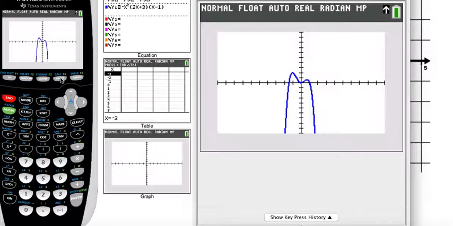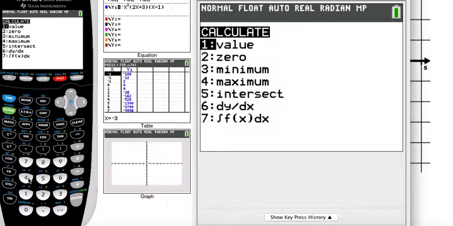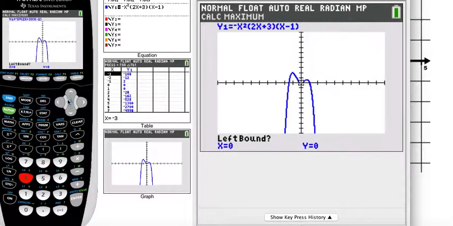So second calc, go down to number 4, which is your local max. I'm going to move it over here on the left side someplace, hit enter, move it on the right side of the point that I want, hit enter, enter one more time, and -1.074, that 5 is going to round that 3 up to 4, and 2.038, that 2 is not going to round it up. So there we have it for that one.